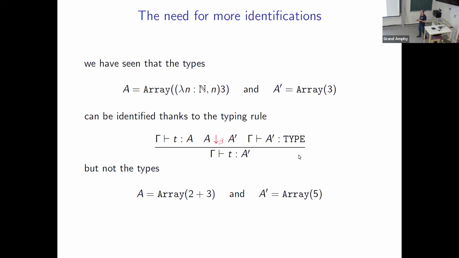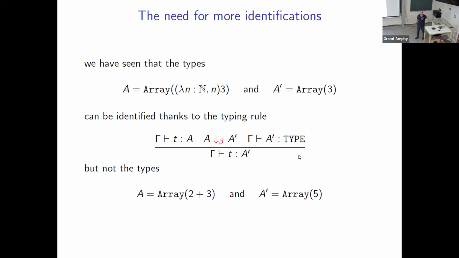Okay, and so we have seen that modulo beta equivalence we can identify two types, like this one, for instance, array with the identity function applied to 3, and array applied to 3.